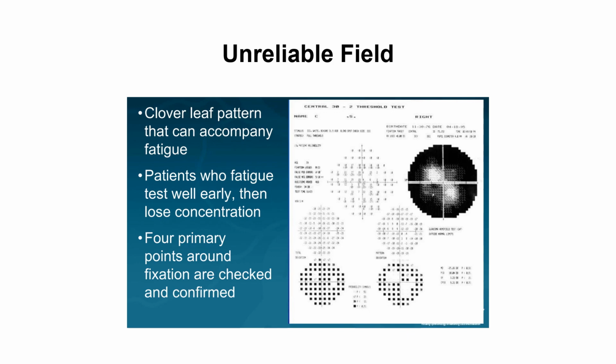So the field shows this cloverleaf appearance. The four primary points around the fixation are checked and confirmed. Here you will see all the field losses. This cloverleaf pattern means that the field is unreliable.